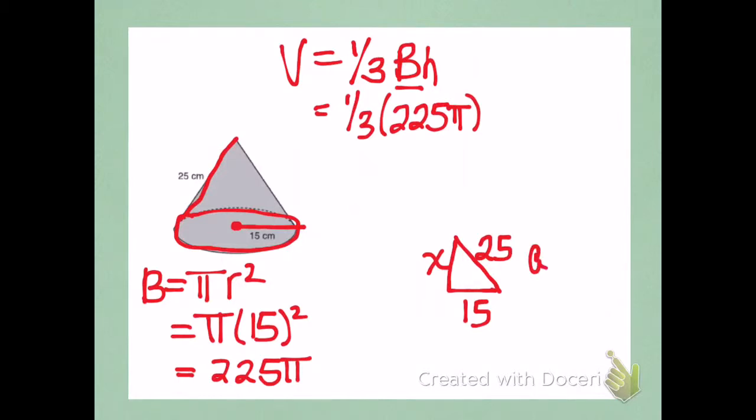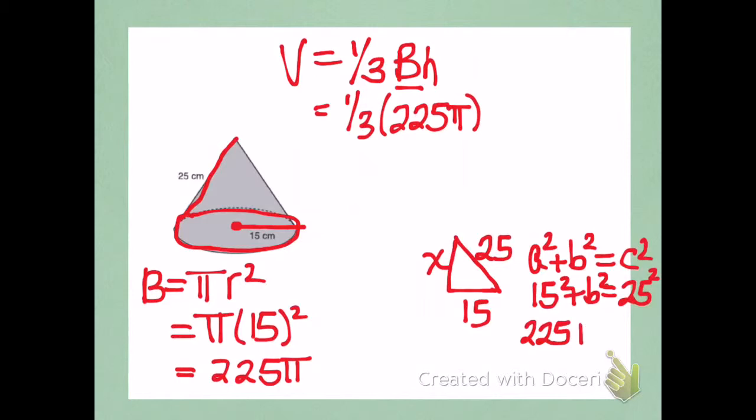So I want to use the Pythagorean theorem, a squared plus b squared equals c squared. My hypotenuse always has to be c squared. And I can substitute in 15 for a or b. If I multiply out, 15 squared is 225 plus b squared. 25 squared is 625.